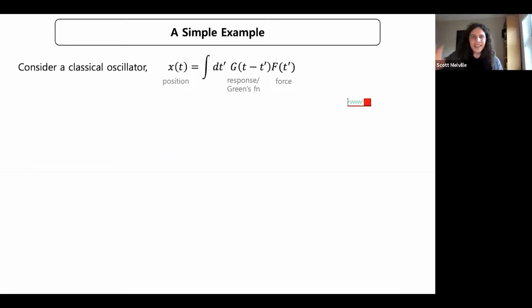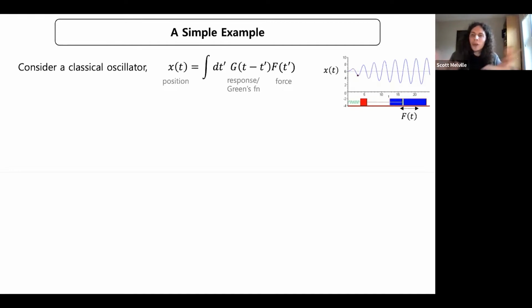Okay, so let's start with the simplest thing you could imagine, a simple harmonic oscillator. What you should have in mind is a mass on a spring. Now, one way to characterize this oscillator, to learn about this spring, is by its response function or its Green's function, which tells you how its position will change in response to some external force.